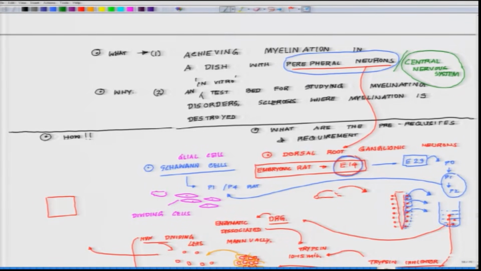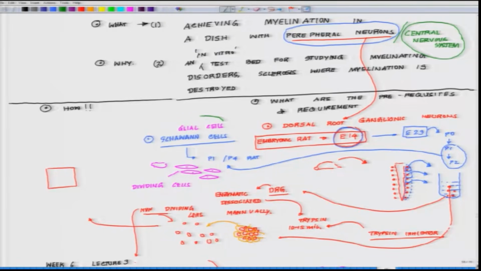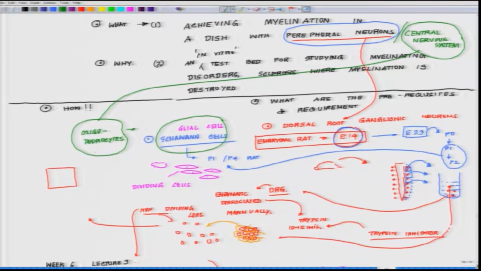In order to achieve this, instead of Schwann cells, this will become oligodendrocytes. So, central nervous system and oligodendrocyte, and the problem is achieving myelination.